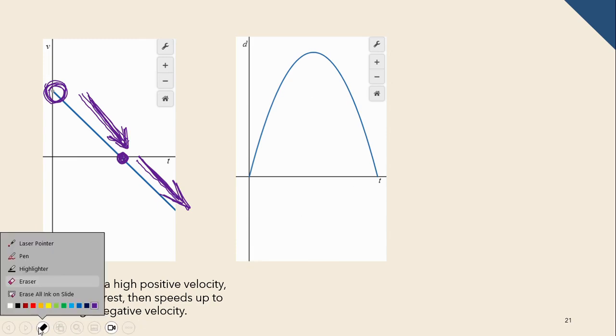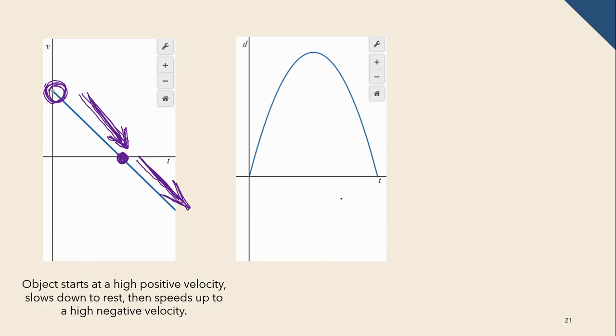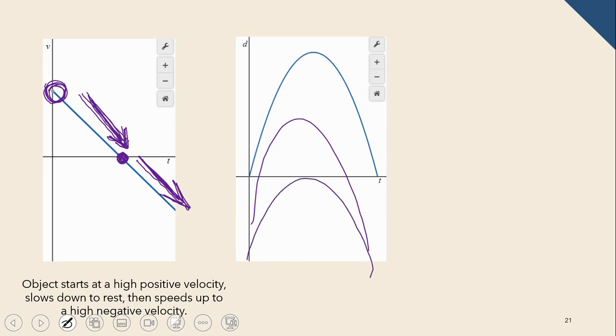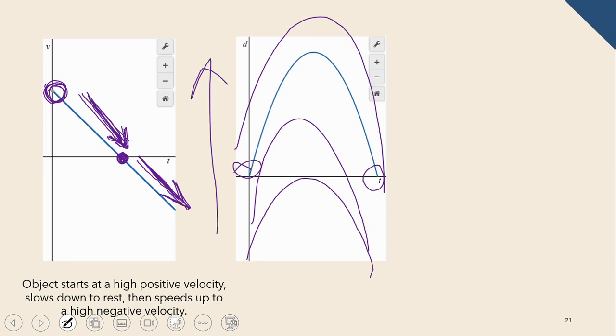Now, if you drew something like this or up here, you would still be correct. The position at which the graph starts and ends doesn't matter, because we don't really know anything about the position at which the object starts. What we do want to make sure you have is that the object is first moving in a positive direction, so our graph has got to go up first.